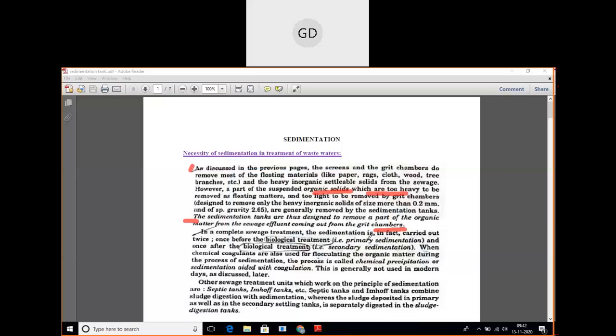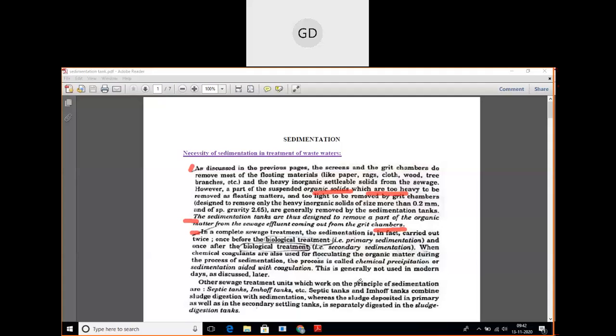So after that, those effluents enter the sedimentation tanks, and these sedimentation tanks are designed to remove the organic matter that is coming from the grit chambers. Okay, so you see here, in the complete sewage treatment, the sedimentation is carried out twice.